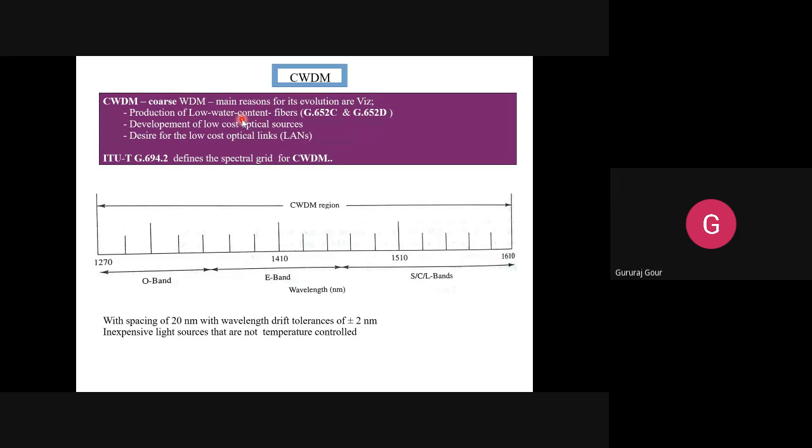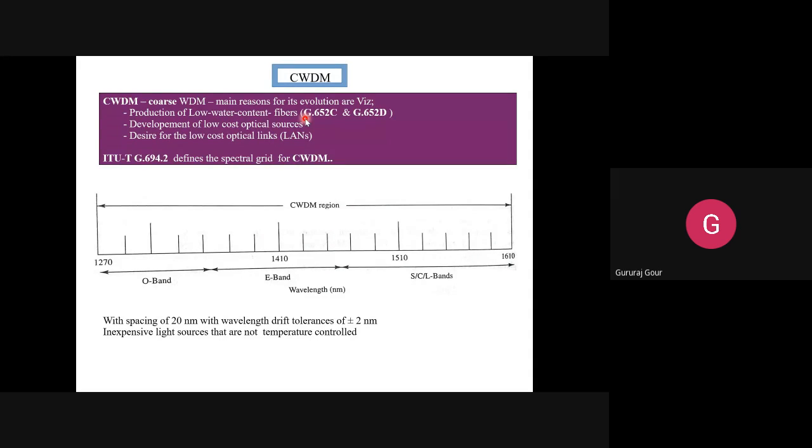It is also useful with these two standards, G.652C and 652D. You can look into those details later, which are useful for the low water content fibers, which are used to dig and lay in submarine cables.